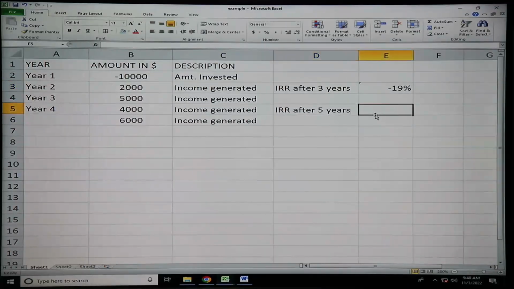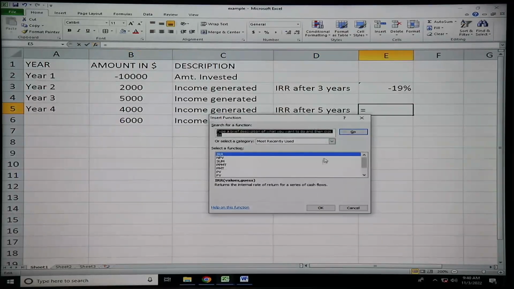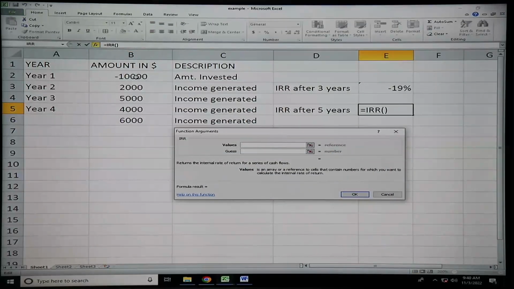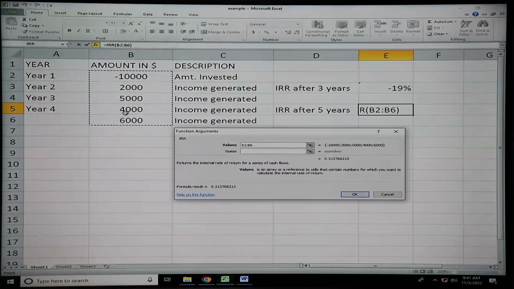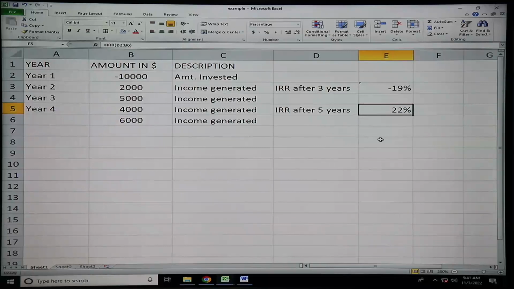We will insert the same function again. We just insert function IRR, then okay. Then we select the range from the first year up to the 5th year, and when you do this, it will give us that rate.